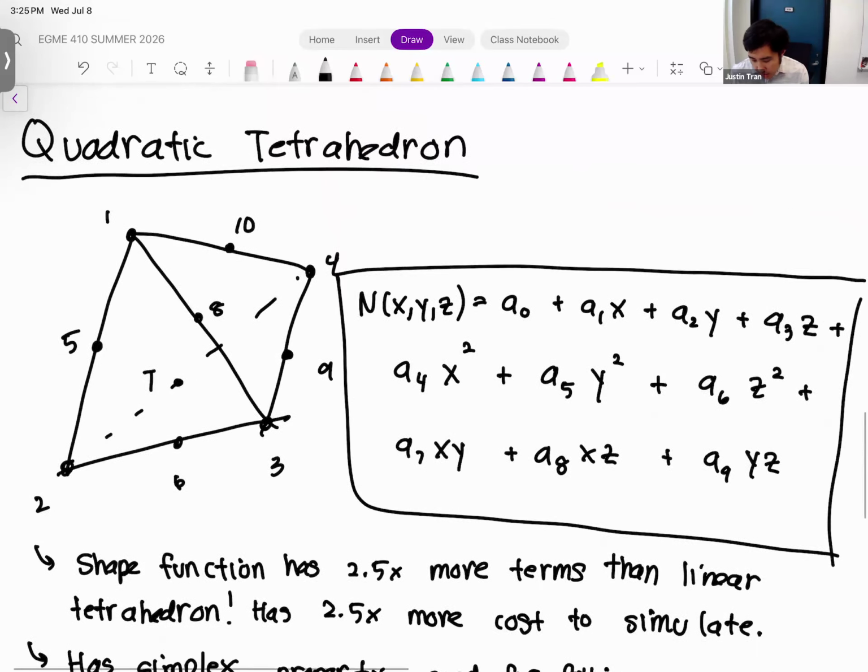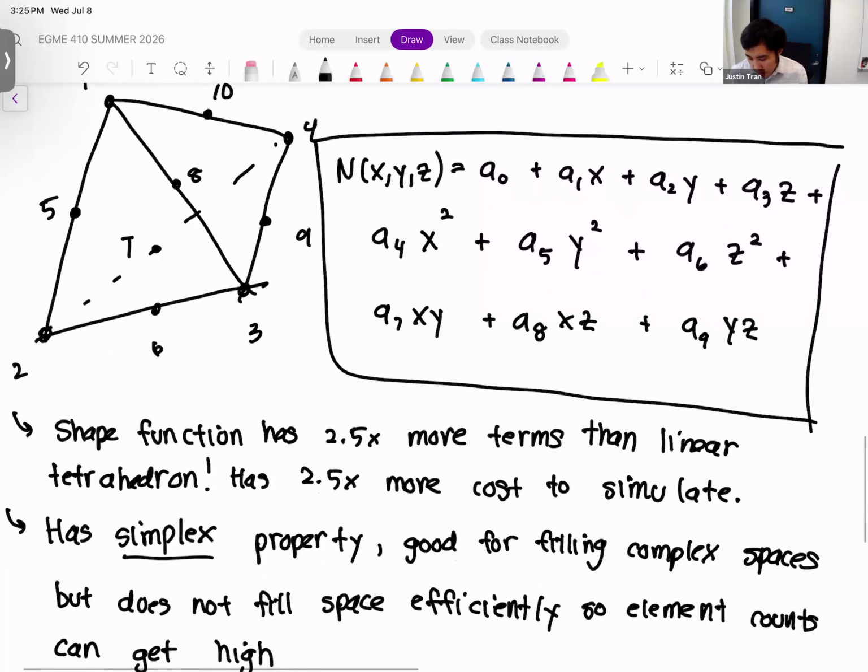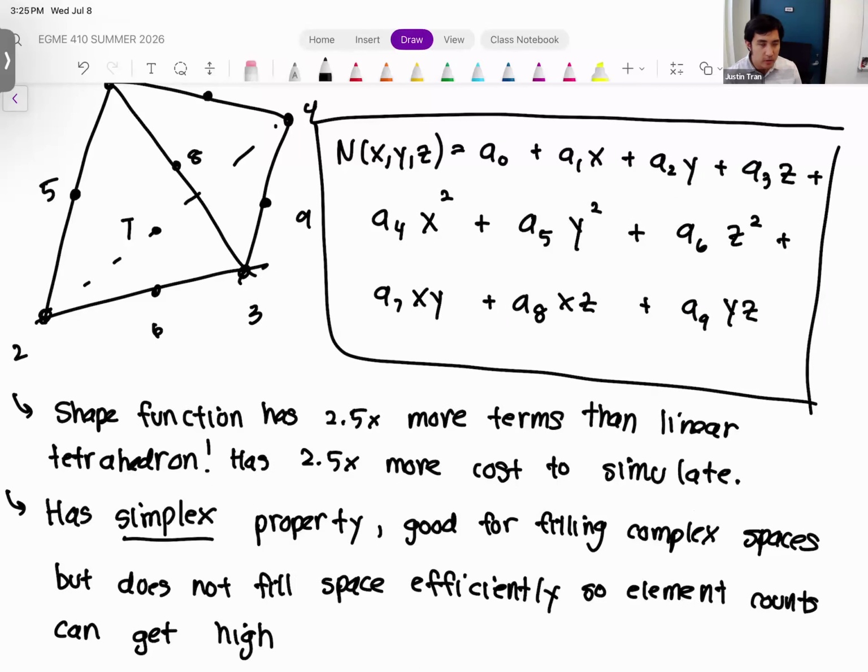So a7 is x and y, a8 is x and z, a9 is y and z. But besides that, not much else to say. We talked ad nauseam yesterday about the differences between linear and quadratics, and a lot of that same discussion applies here as well. All right, any questions on the quadratic tetrahedron?